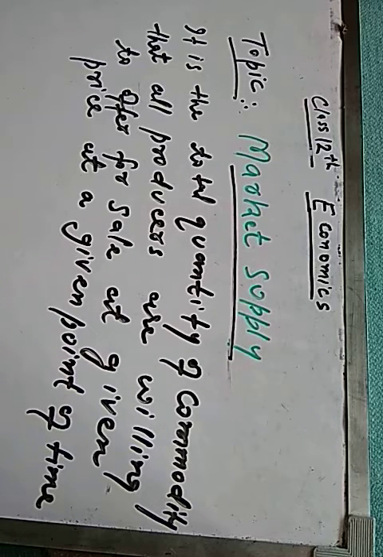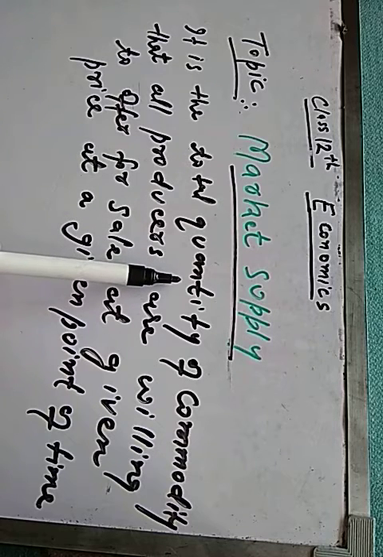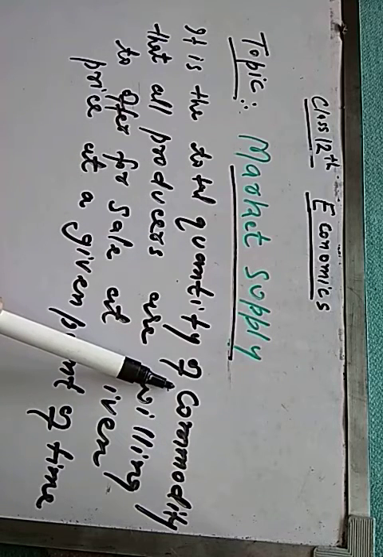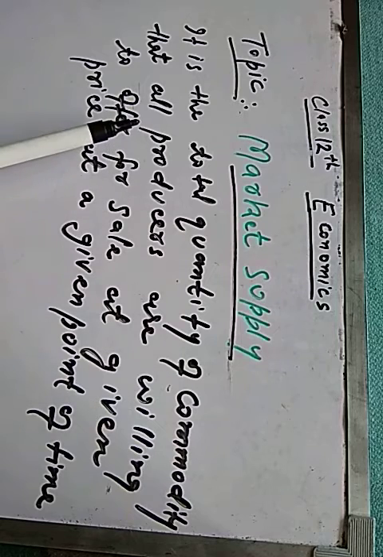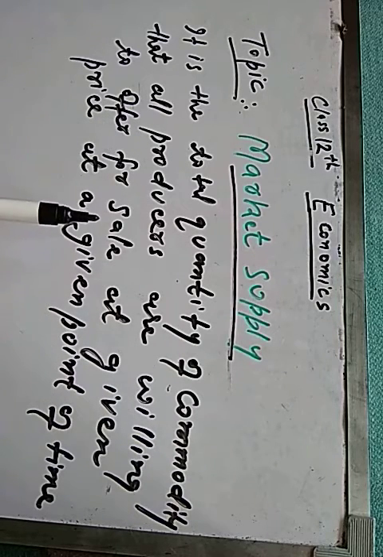जैसा कि हमने पढ़ा इन केस ऑफ इंडिविजुअल सप्लाई, वहां हमने ये सीखा दैट इंडिविजुअल सप्लाई इज द quantity of commodity that an individual producer is willing to offer for sale at given price.